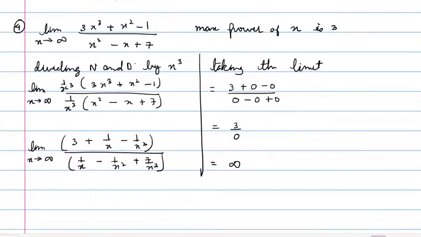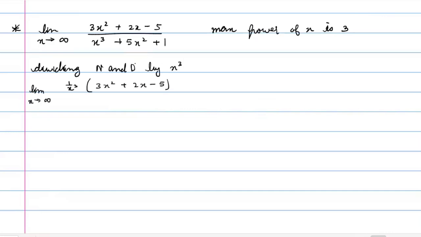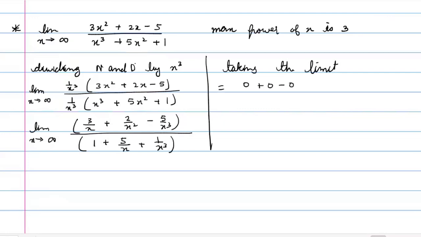Okay, so let's try this. So maximum power of x is 3. You will get 0 plus 0 minus 0 and 1 plus 0 plus 0.